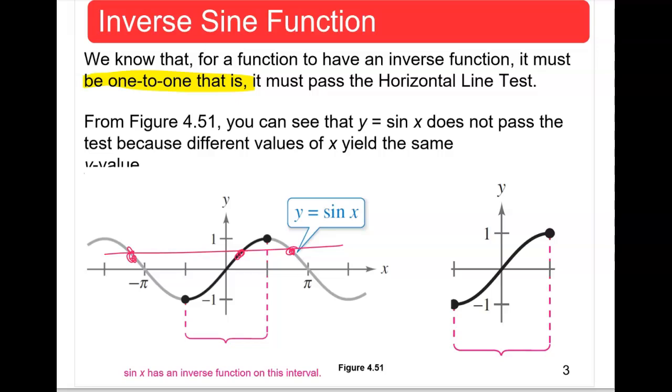But of course it will actually be infinitely many because the domain of the sine function is all real numbers. So it doesn't pass the horizontal line test, so it is not a one-to-one function.